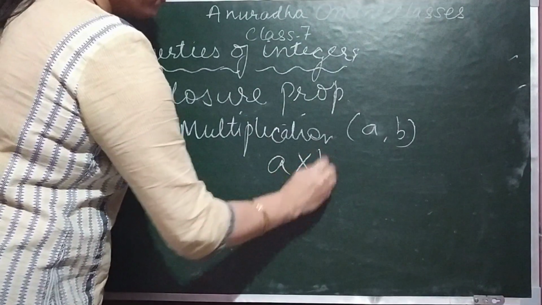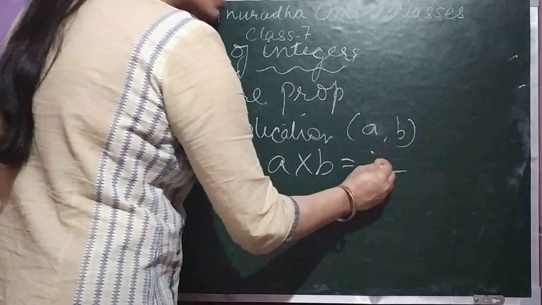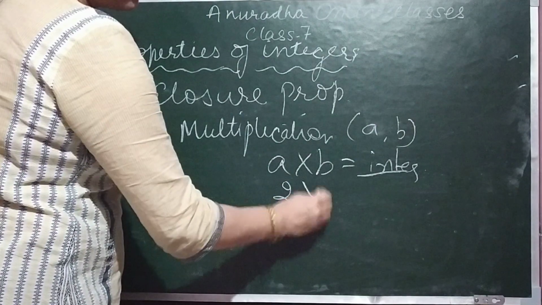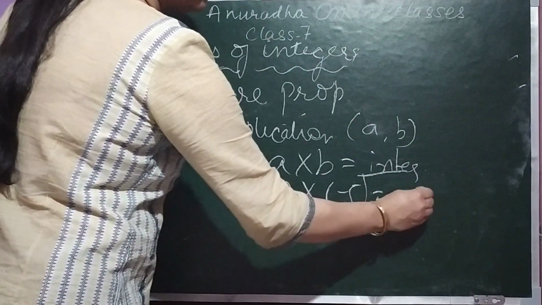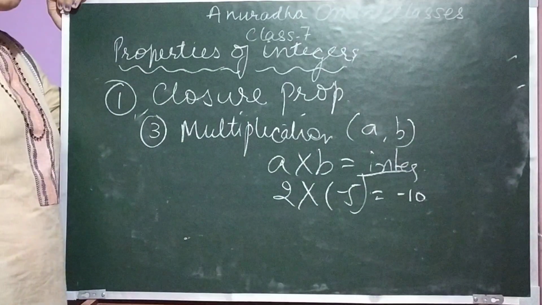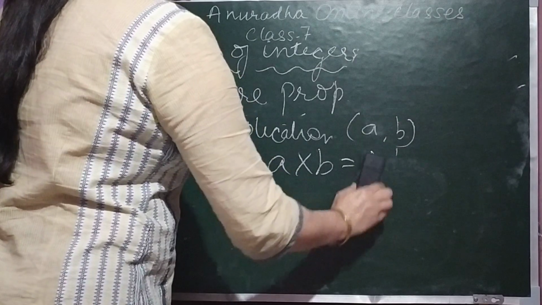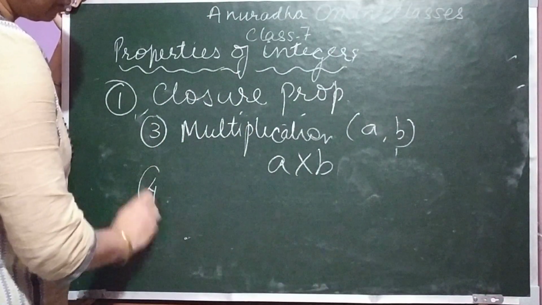A into b, whatever answer you get, that is also an integer. Suppose 2 into minus 5, that is equal to minus 10. Minus 10 is an integer. Yes. So it is applicable for multiplication also.